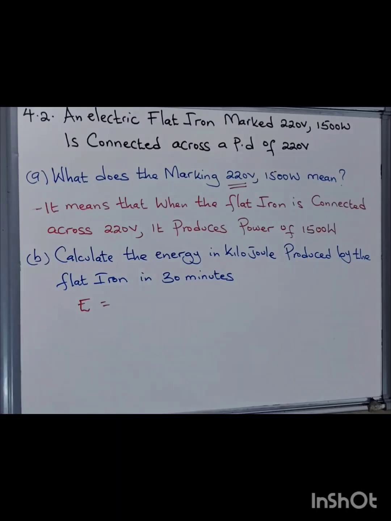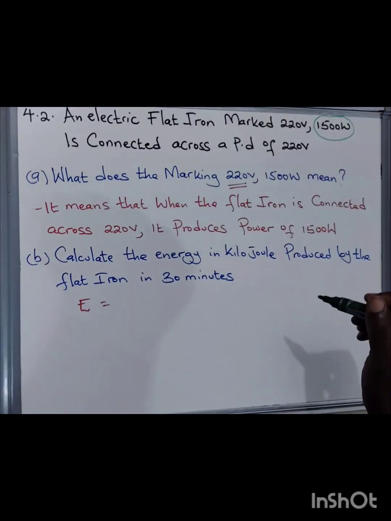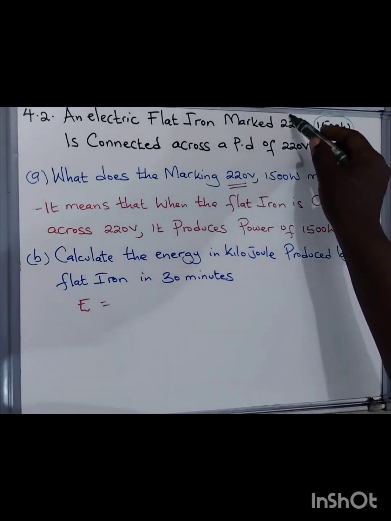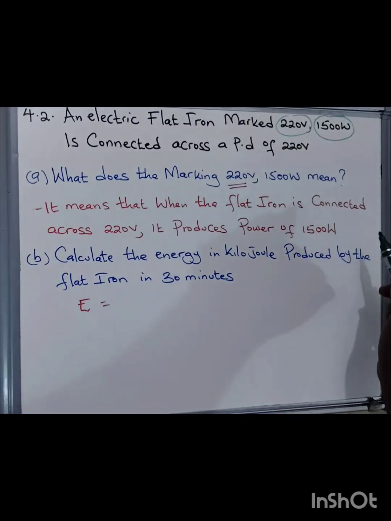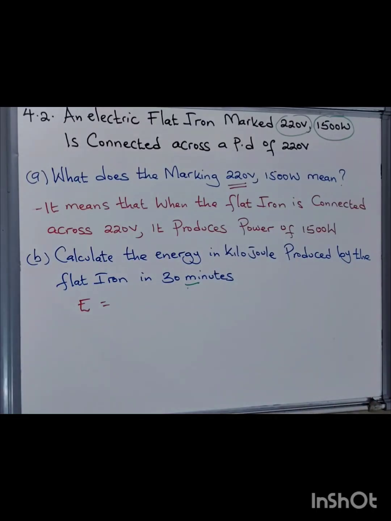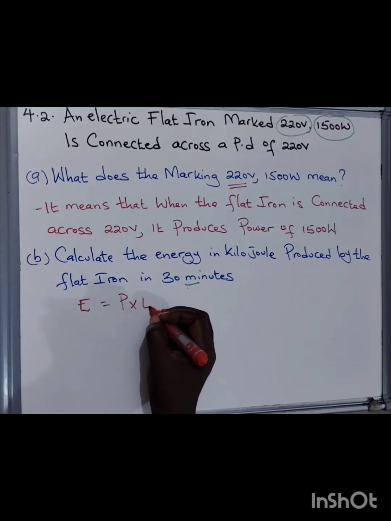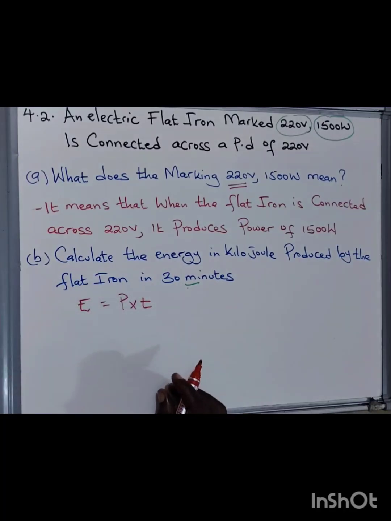But when you analyze our data here, you have the power and you have the voltage, and now you have the time. Okay, so the best equation now is going to be power times time, because we know power.